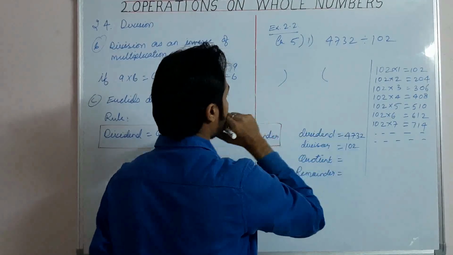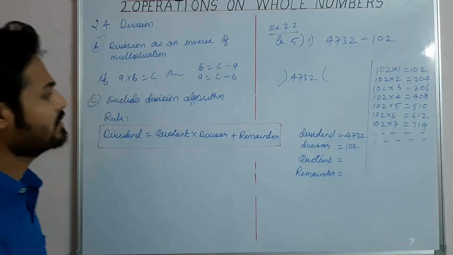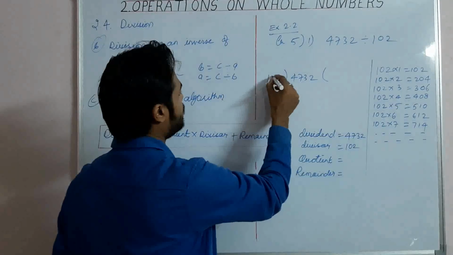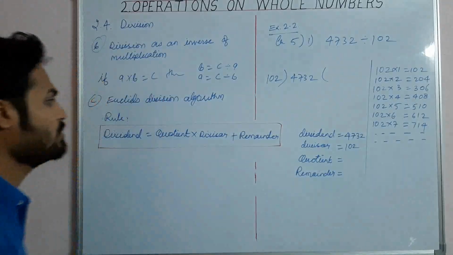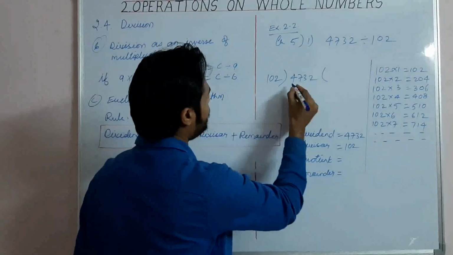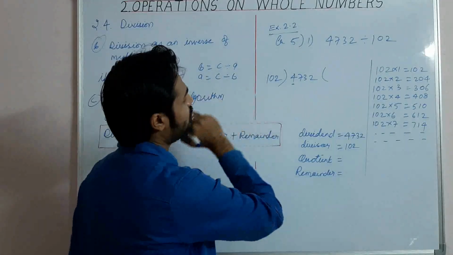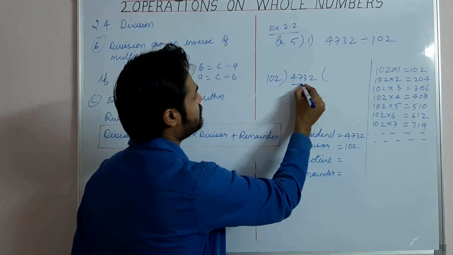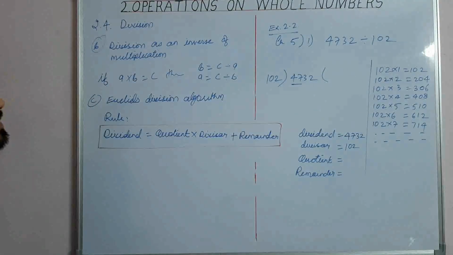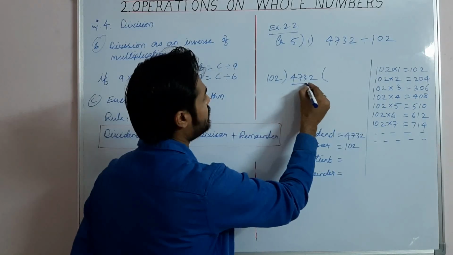So using the algorithm, we'll write 4732 here and then the divisor 102 here. The next thing we have to check is whether the first digit 4 is greater than 102 or not. No, so we have to take 2 digits. Now 47 again is less than 102, so we'll take 3 digits.